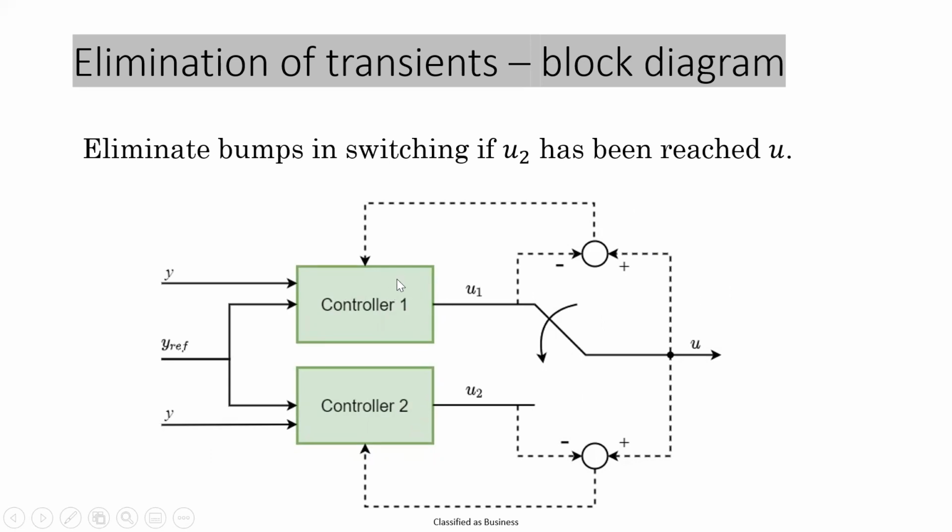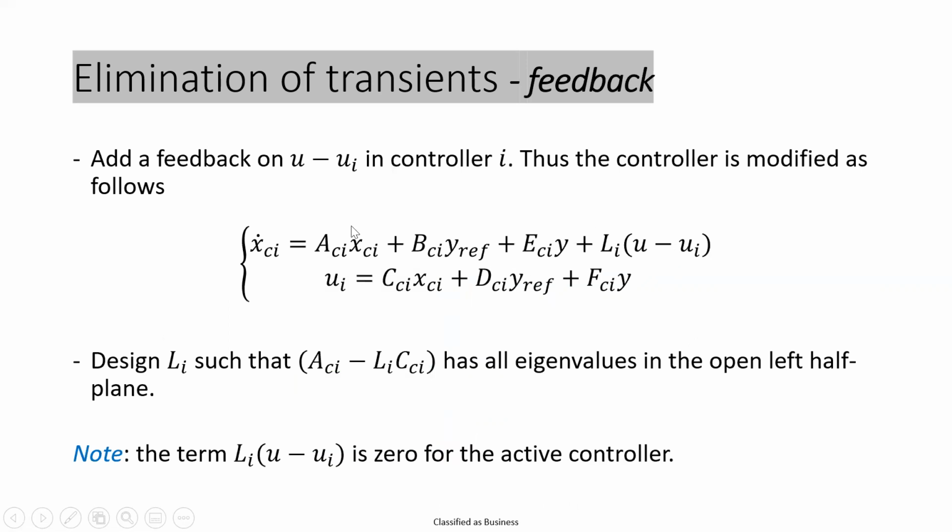For this controller, you always take into account the output of the controller being applied to the system, and then you subtract the output of the i-th controller from the selected output, and you feed that back. So for the active controller, this doesn't do anything. For the inactive controller, the dynamics is affected.